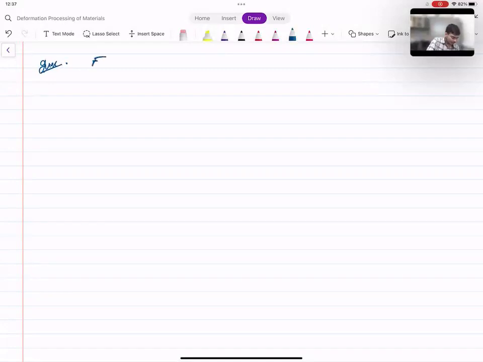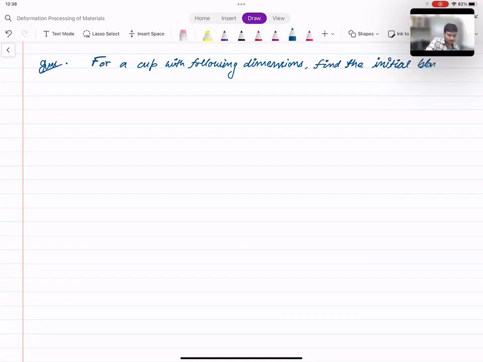For a cup with following dimensions, find the initial blank diameter.